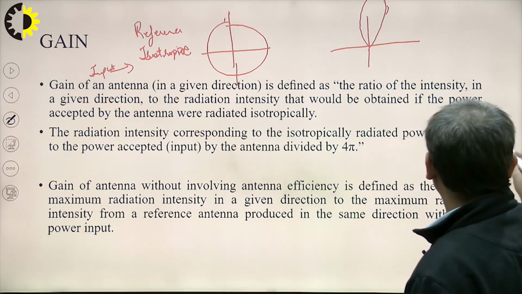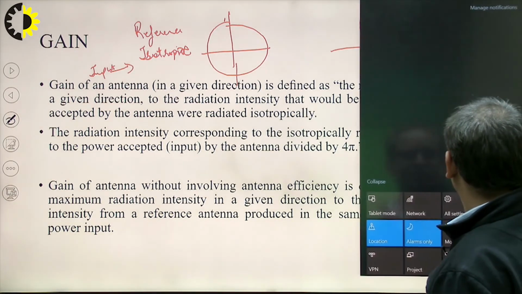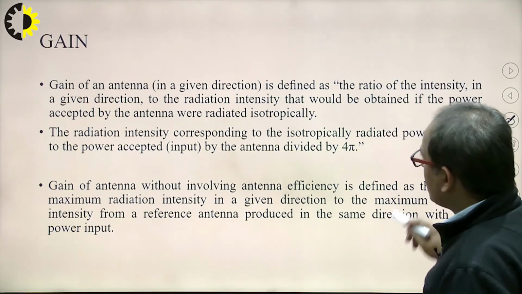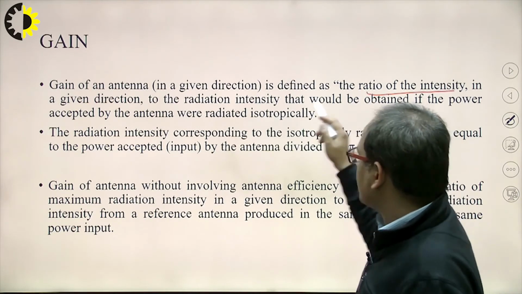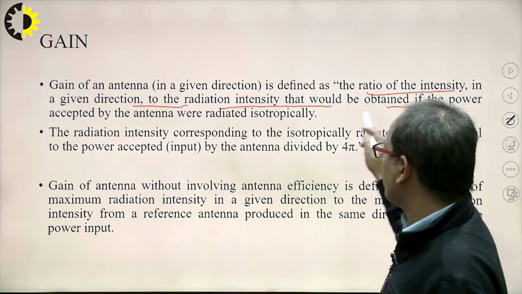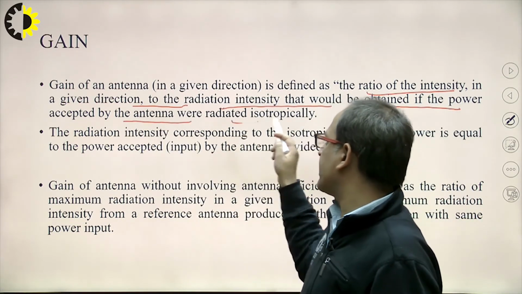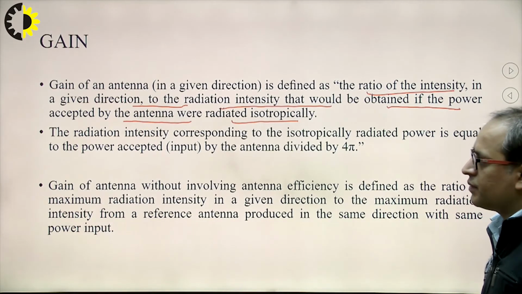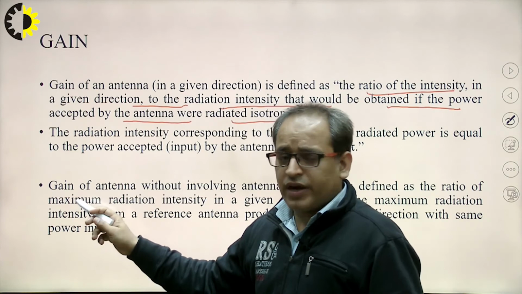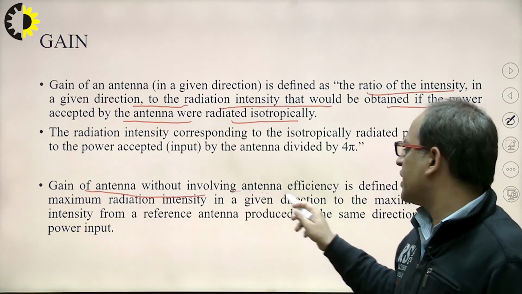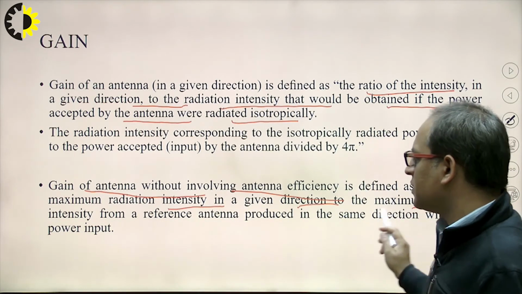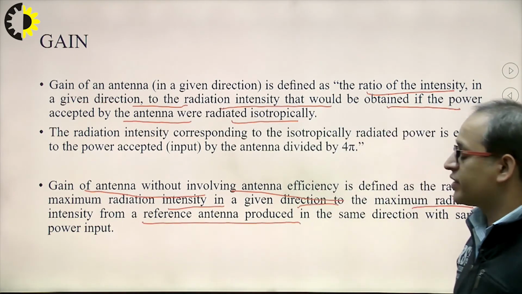So the gain of an antenna is defined as the ratio of intensity in a given direction to the radiation intensity that would be obtained if the power accepted by the antenna were radiated isotropically. Clear. The gain of antenna, without involving antenna efficiency, can also be defined as the ratio of maximum radiation intensity in a given direction to the maximum radiation intensity from a reference antenna.